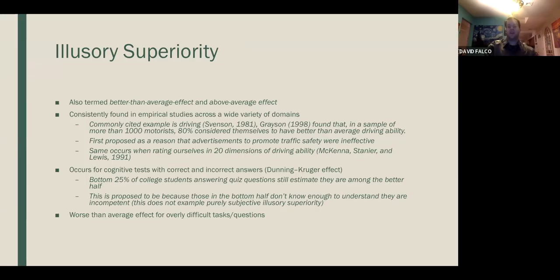This has most famously been studied in driving, and the specific example that came to my mind first was some of the studies that have been done on driving. I know you guys are probably either about to get your license or maybe just got your license, or you're just driving around with parents sometimes, but you probably have noticed your parents always think everyone else around them is a terrible driver and that they're so much better.